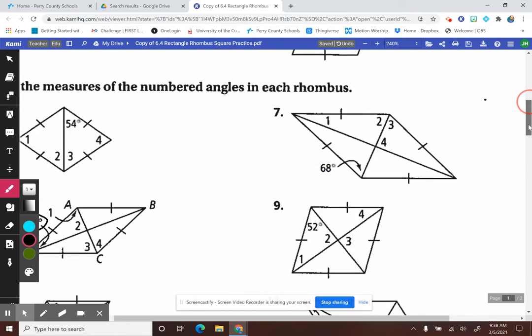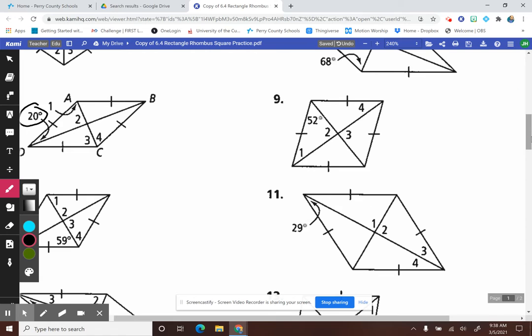So right away, I could figure out angle 1 or angle 2, sorry. I'm going to put these over here because these are what we're looking for. Right away, I know that angle 2 has to be 90 degrees, because the diagonals are perpendicular. They make 90-degree angles wherever they meet.